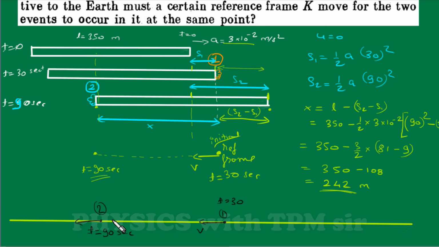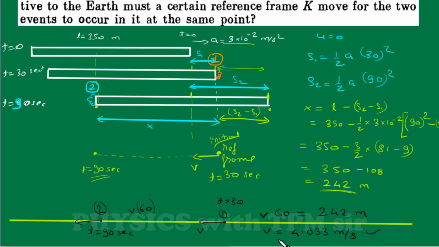So what is the distance traveled by this frame? In 60 seconds, this distance must be v into 60 second, and this v into 60 second must be equal to 242 meter, and I think we have solved it. And what we are getting, v is equal to around 4.033 meter per second.